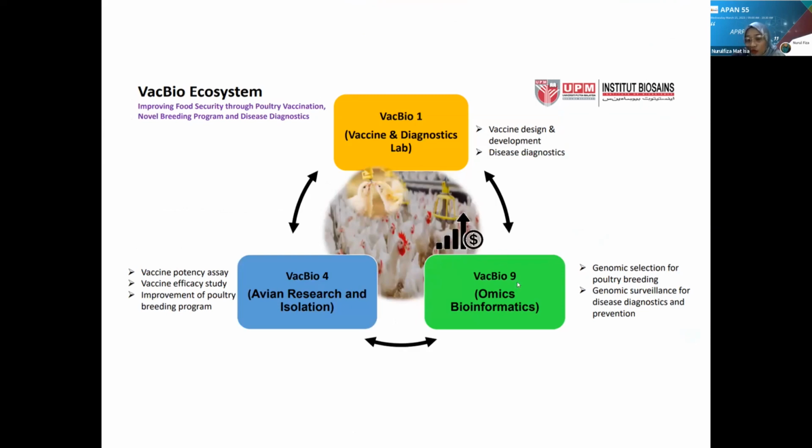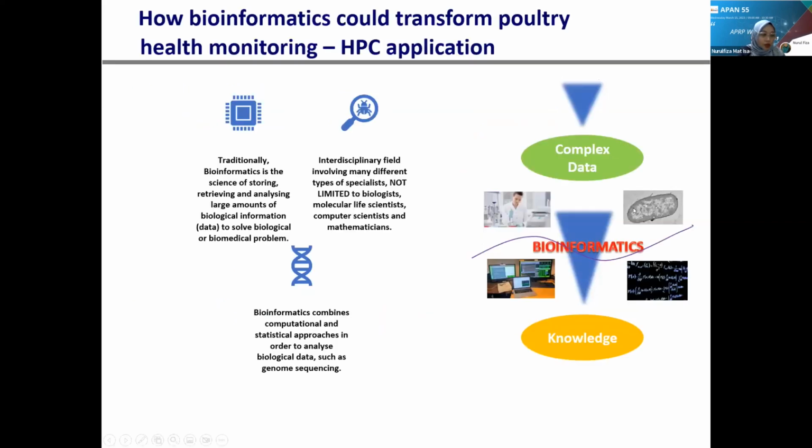But now we are moving forward to omics and bioinformatics, where we deal with big data, and we do genomic selection for poultry breeding and genomic surveillance for disease diagnosis and prevention. Besides that, we also have the facility for avian research and isolation, where we do vaccine potency assays, vaccine efficacy studies, and also improvement of the poultry breeding program.